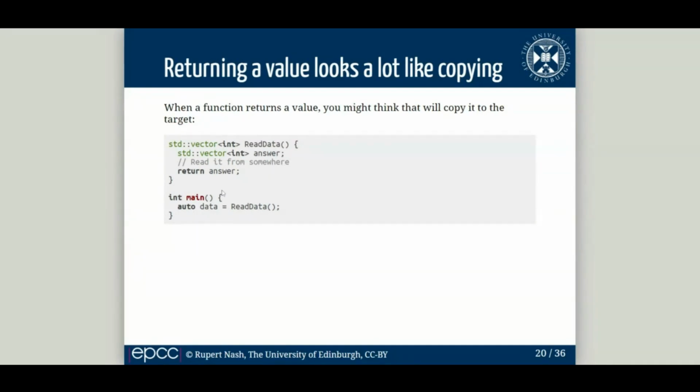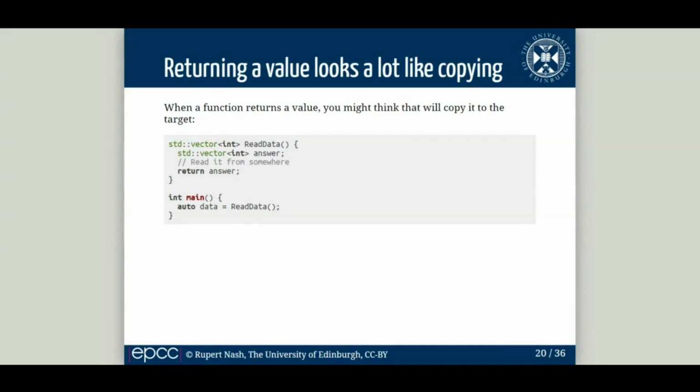The thing is that when you return the vector, you return a copy of this vector. So this will create a copy, and in this simple chunk of code you will do two allocations.